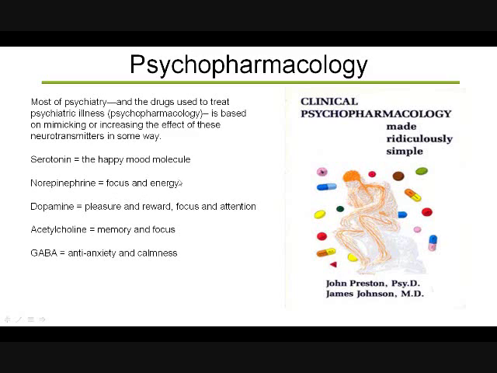Norepinephrine, focus and energy. What's the number one ADD drug? Ritalin. Ritalin increases the amount of norepinephrine, and it also helps with the dopamine, focus and attention. Acetylcholine, almost all the Alzheimer's drugs help to increase it. What they do is they slow down the enzyme that breaks down acetylcholine.